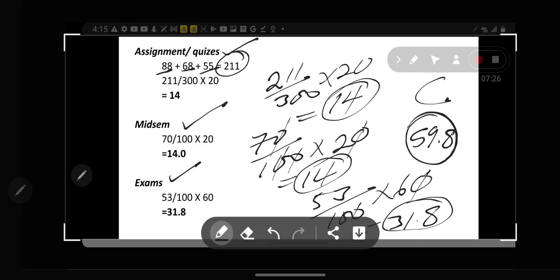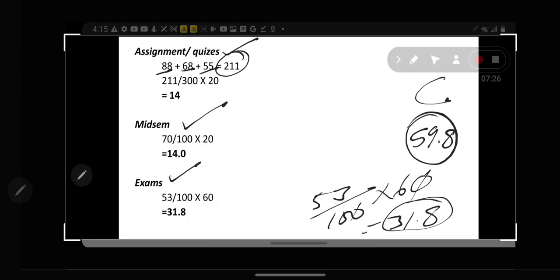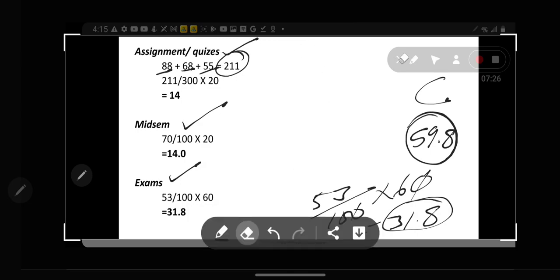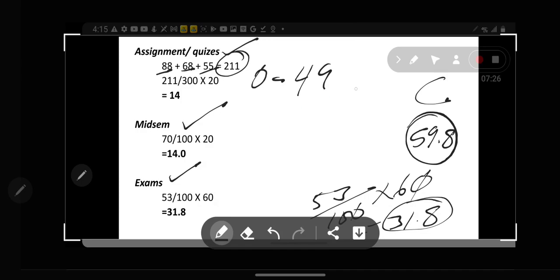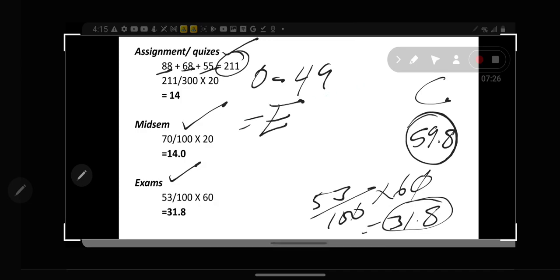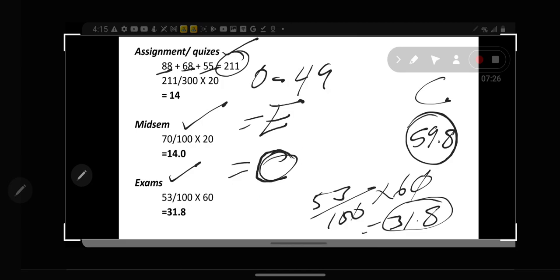So this is how you get your grades. You get your A, your B, your C, and your D. And I told you that if you find the sum of your 20% over quizzes, 20% of your mid-sem, and 60% of your end of sem, and you happen to score 0 to 49, the grade is E, and the grade point for E is 0, which means that you will not get any grade point.